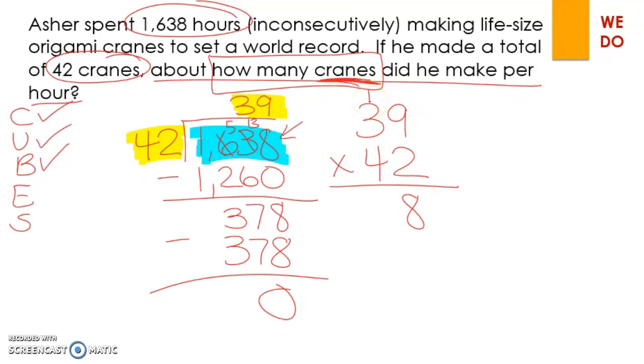Regroup the 10. 2 times 3 is 6. Plus 1 is 7. 9 times 4 is 36. Regroup. 4 times 3 is 12. Plus 3 more is 15.